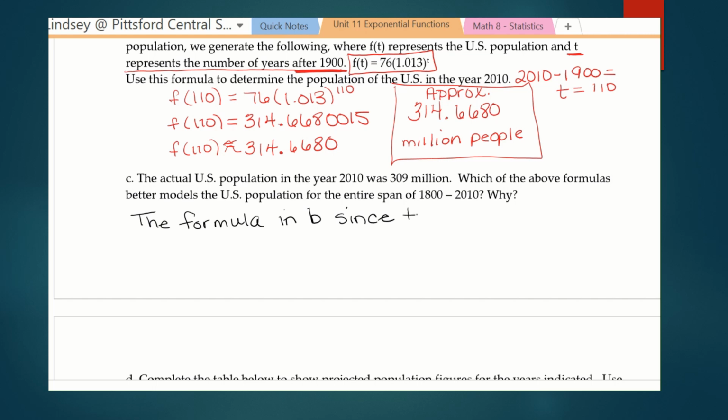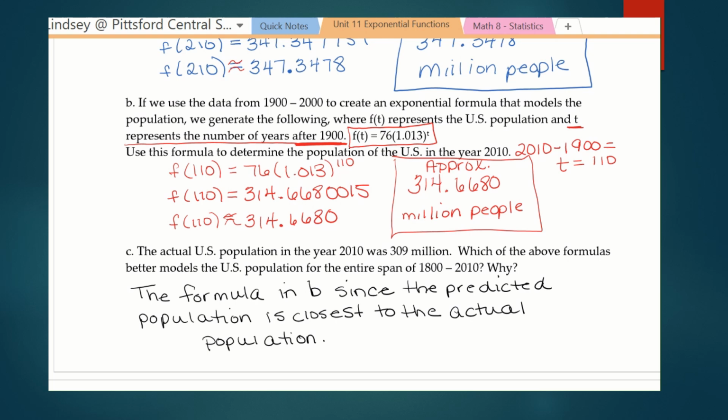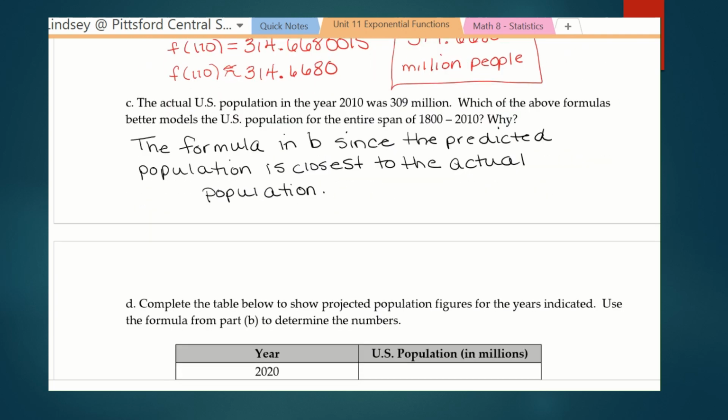Well, since the predicted population is closest to the actual population. Okay. So what was predicted in Part B is the closest to what the actual population value ended up being in the year 2010, which is why we would probably go with that formula as a best model for predicting population. All right, moving on to D.